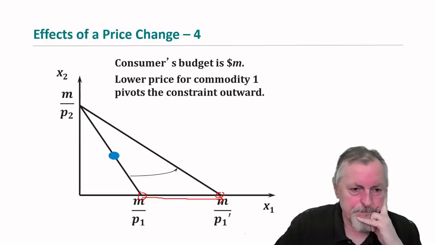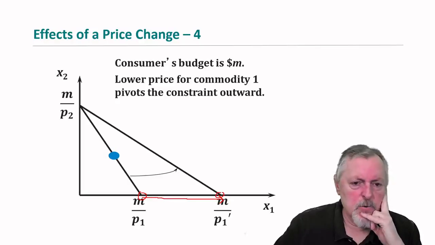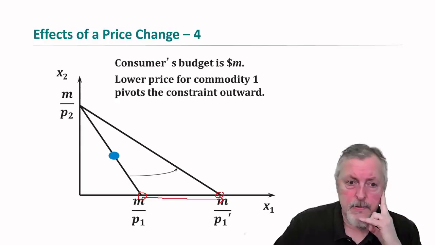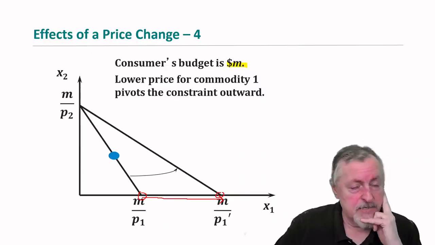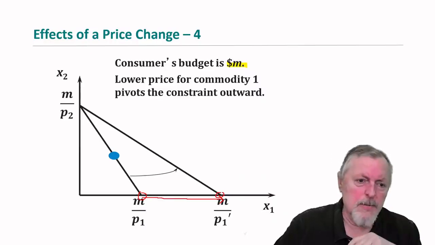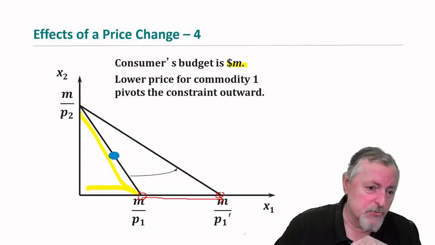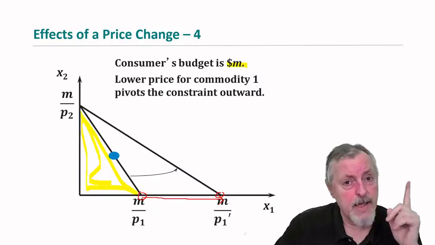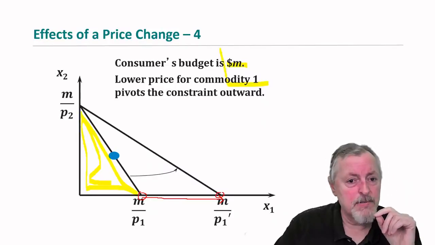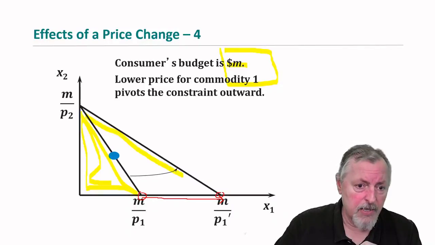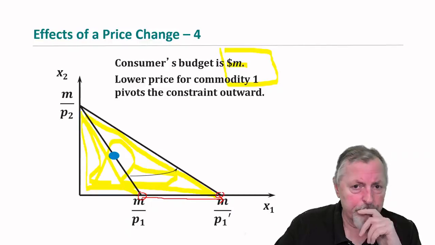But here we see a price reduction in thing 1. Income in dollars has not changed. But look at the budget set. It's gone from this person can choose anything in here, to now, with the same dollar income, they can choose anything in this much bigger triangle.